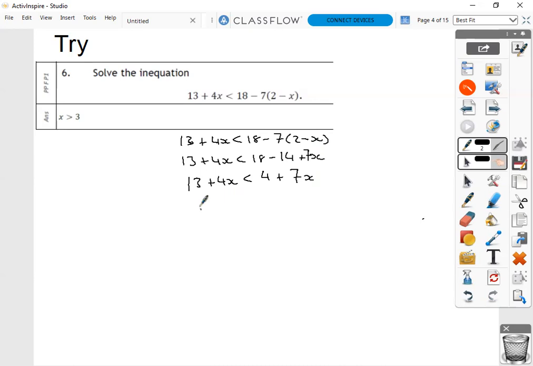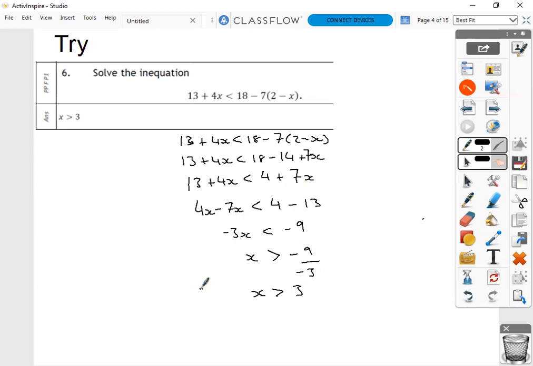Okay, so moving all my x's over to the left-hand side. All my whole numbers over to the right-hand side. 4 minus 13 is -9. All right. Moving that negative over, flipping that round. -9 over -3, x greater than 3.